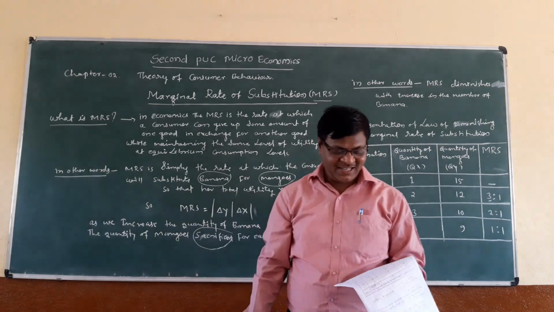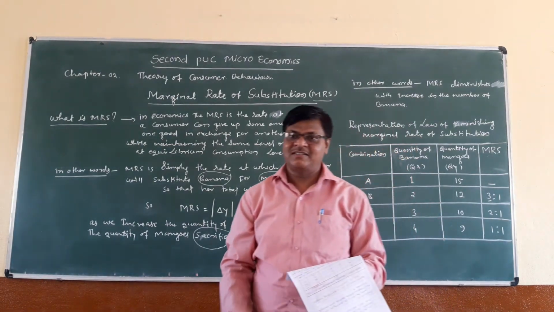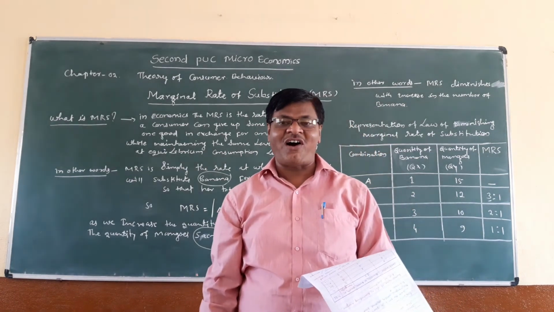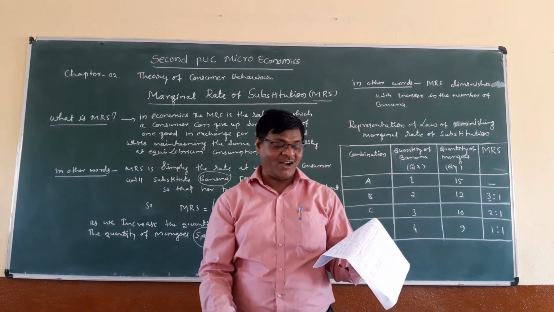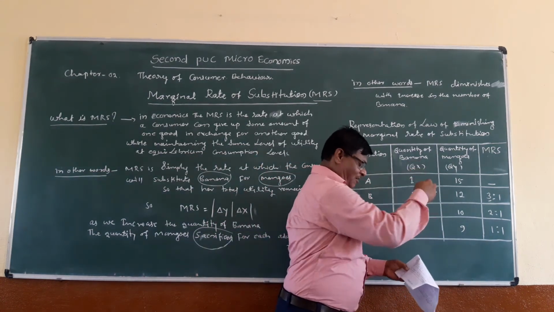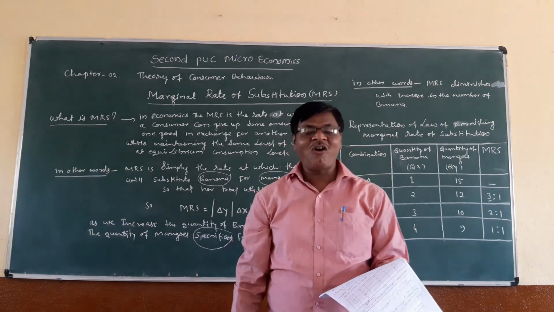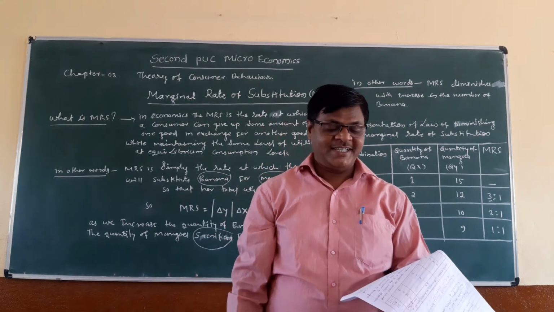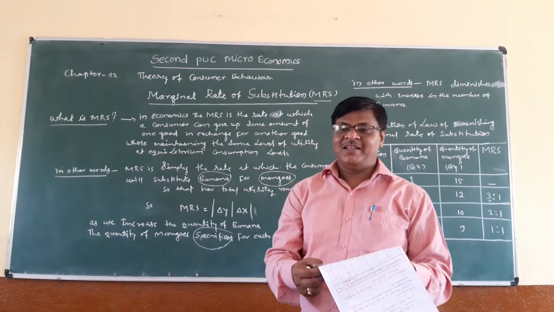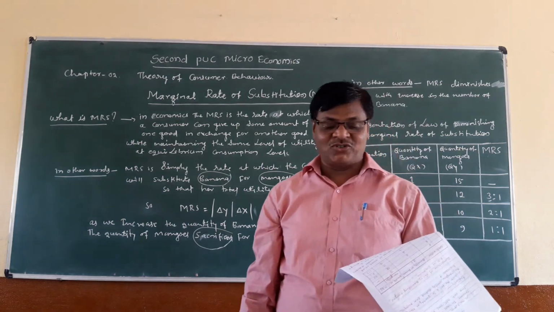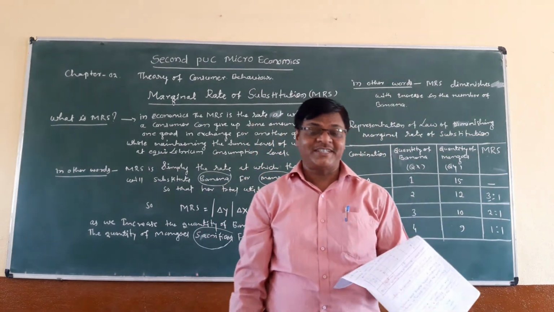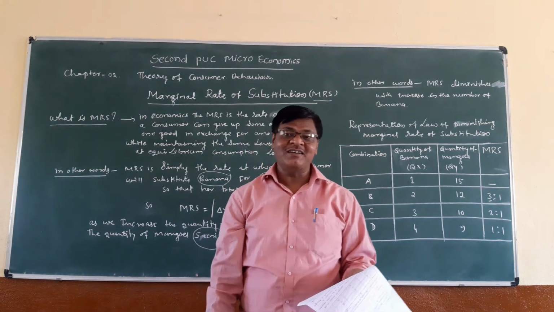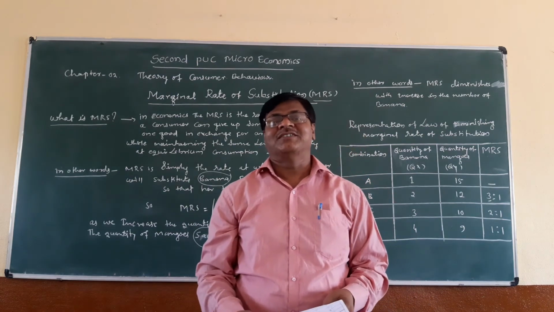This tendency for the marginal rate of substitution to fall with increase in the quantity of banana is known as the law of diminishing marginal rate of substitution.